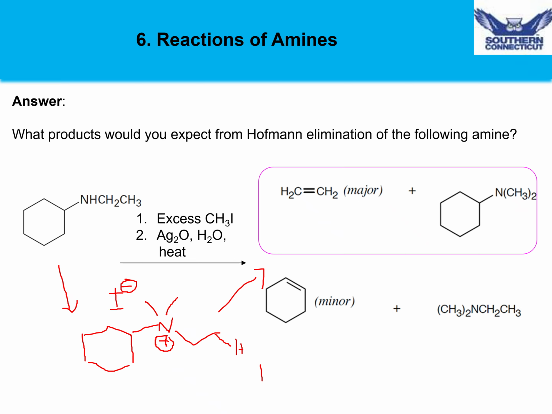So base will remove that hydrogen. These electrons will lead to a double bond forming there by elimination of the nitrogen, which notice has two methyl groups as well as a cyclohexyl group. So that would lead to the products that you see on the top, ethylene, as well as this dimethyl cyclohexyl amine.